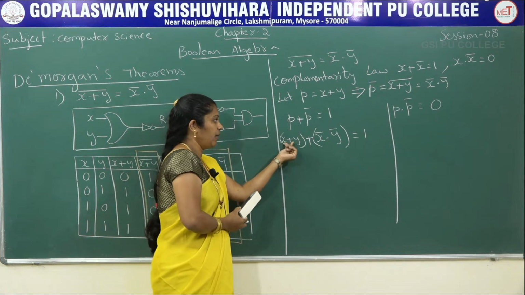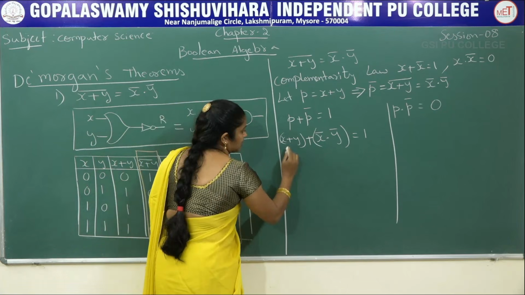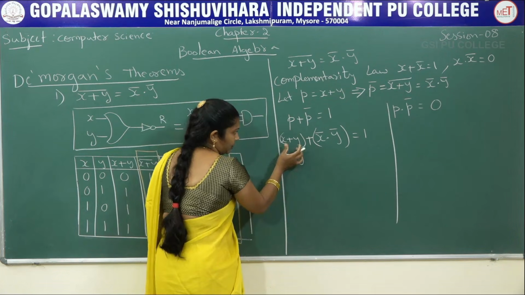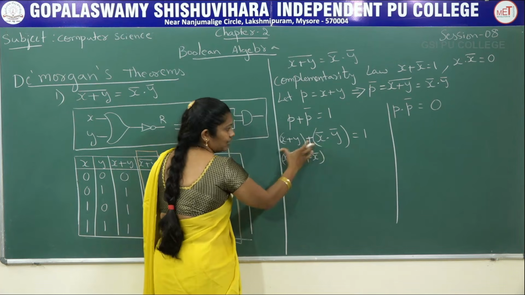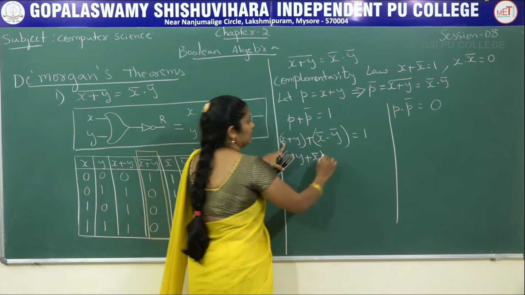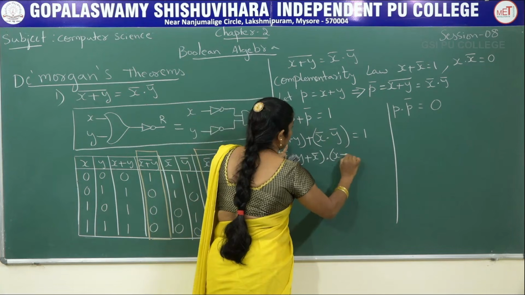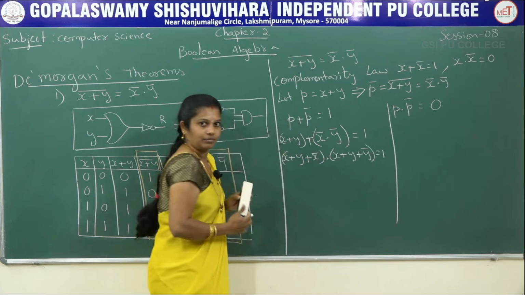Now here we have the plus operator, here also we have the plus operator, then distribute that. First part x plus y I am going to take, then plus x bar. Then next we have the dot operator, write down dot as it is. Once again distribute that. x plus y bar equals 1.